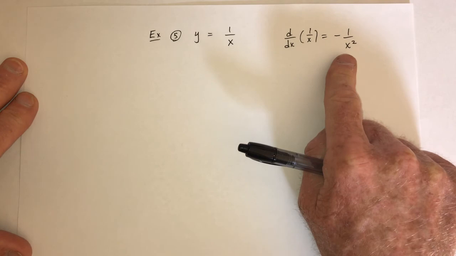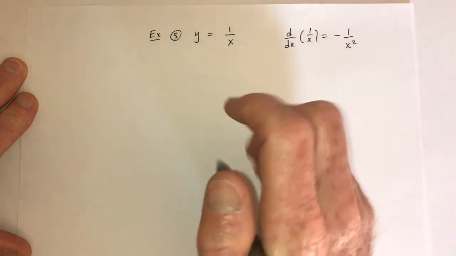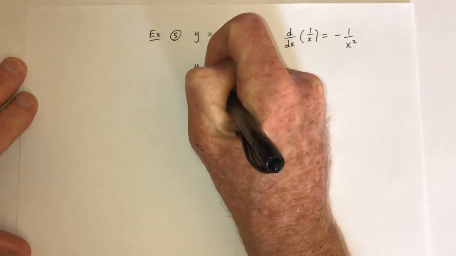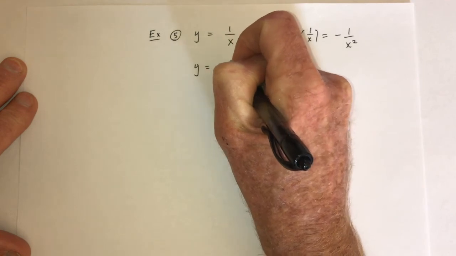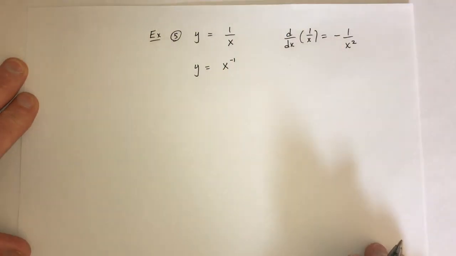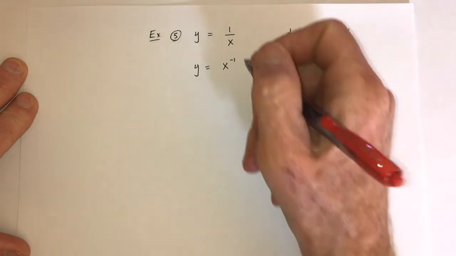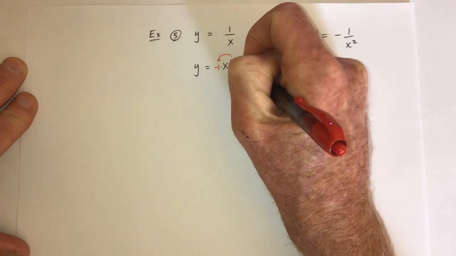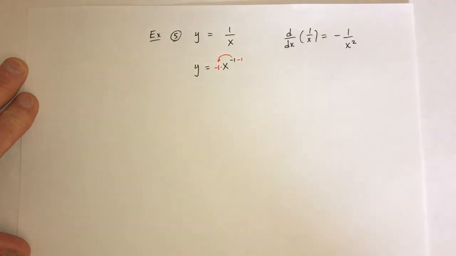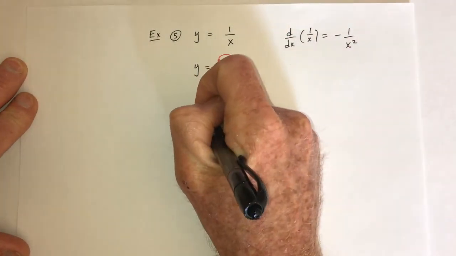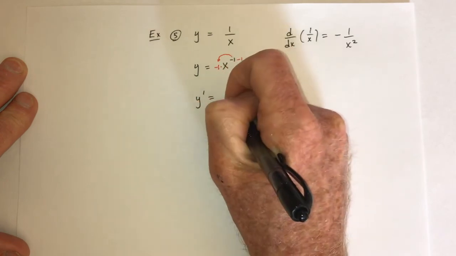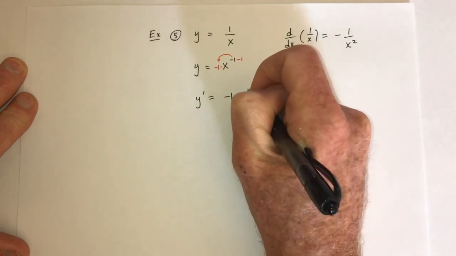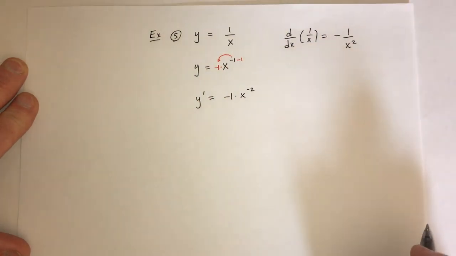The reason for this being the answer is, in order to use the power rule, you need to rewrite this one as x to the negative 1. And then do the power rule. So this negative 1, you bring it in front and multiply, and then subtract 1 from the exponent. So then y prime is equal to negative 1 x to the negative 2.